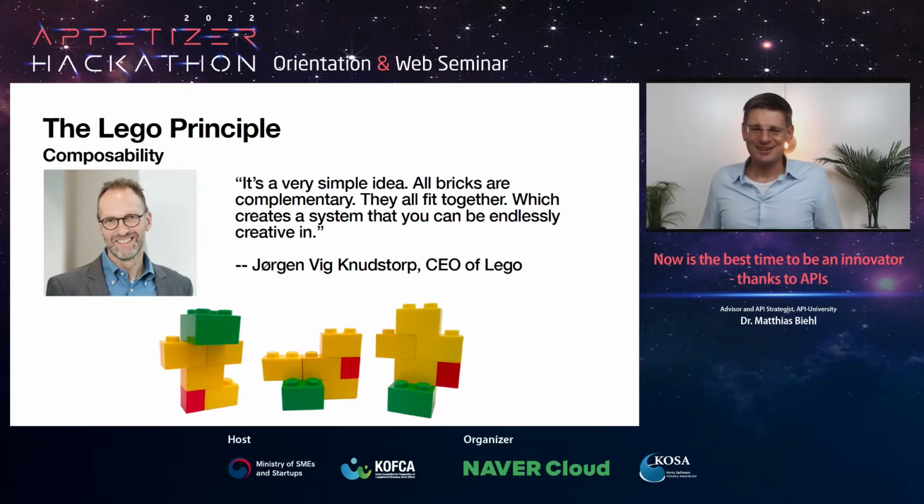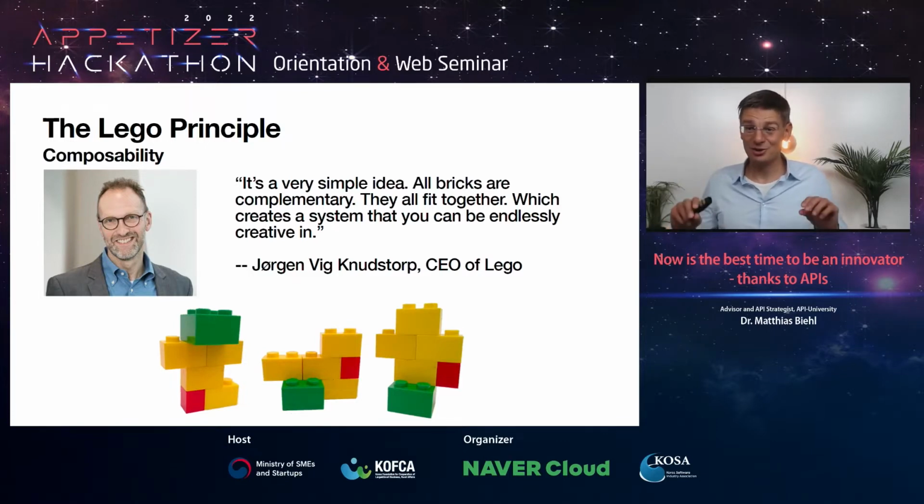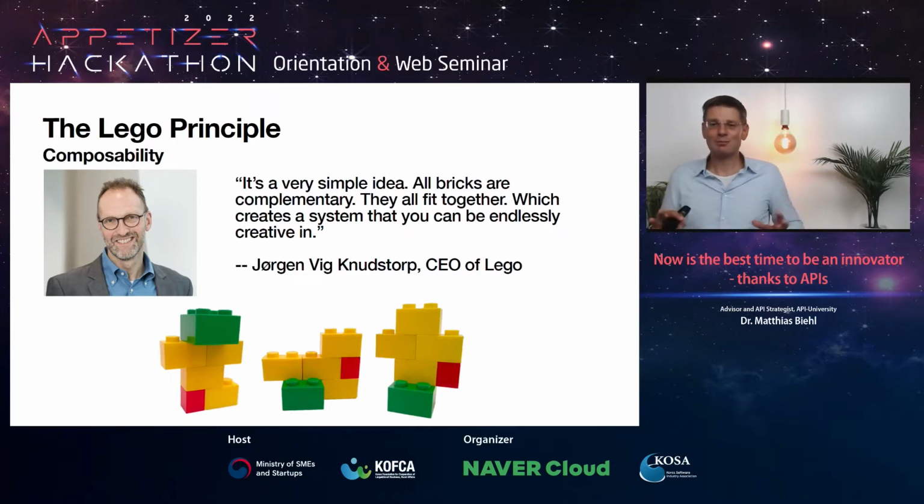What is at play here is the Lego principle. So here's the CEO of Lego who says the idea is very simple. All the bricks are complementary. They can be composed with each other. They all fit together. And this creates a system where you can be endlessly creative. And that's kind of why kids are so fascinated by Lego, because you can be endlessly creative.